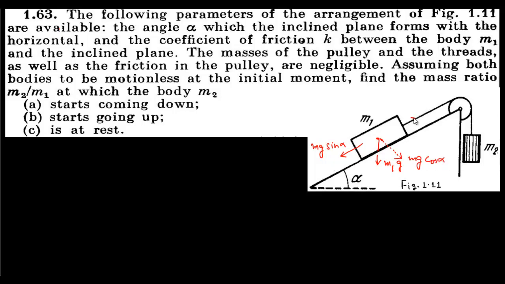Here T is the tension in the string, and M2G is the weight here. Clear?